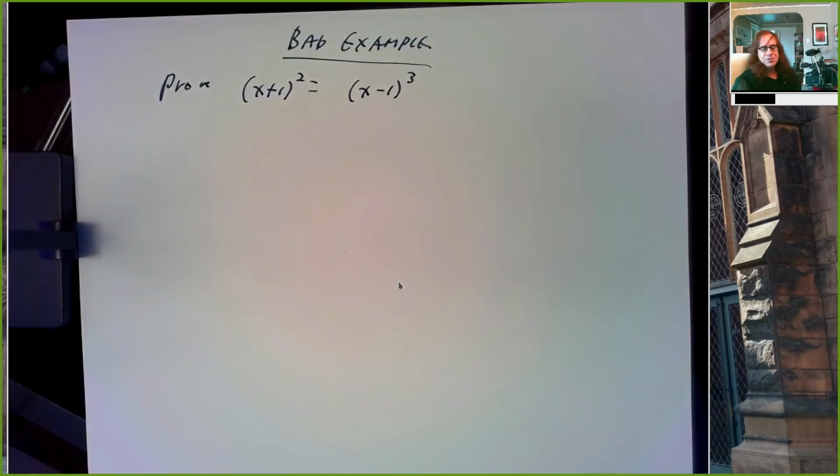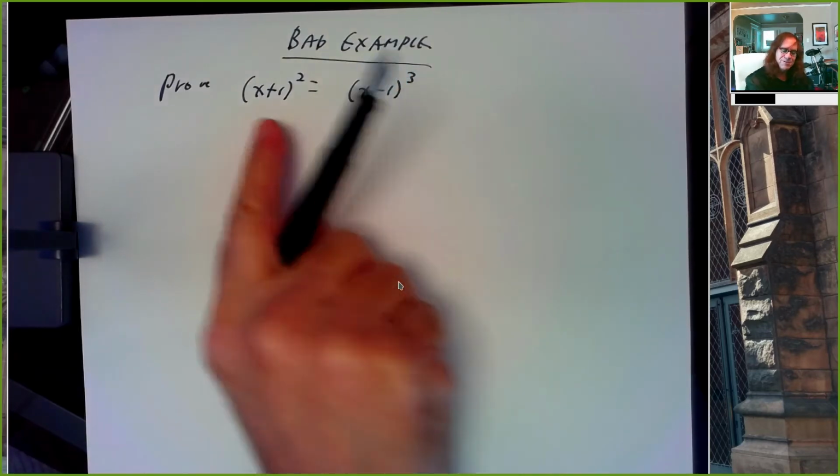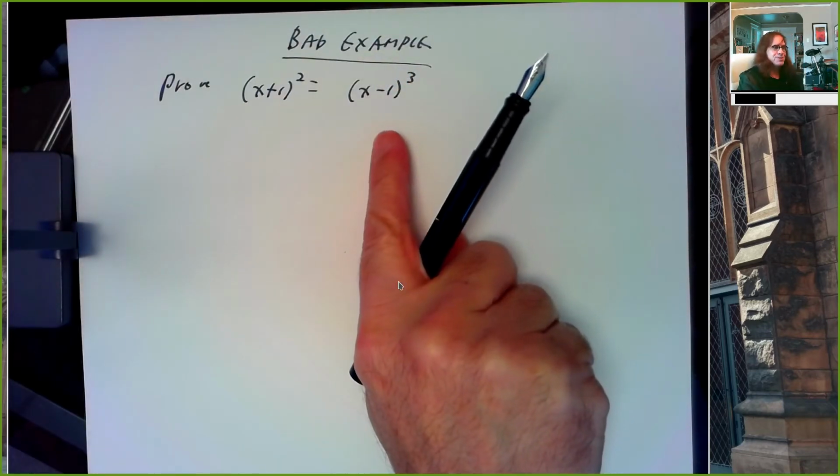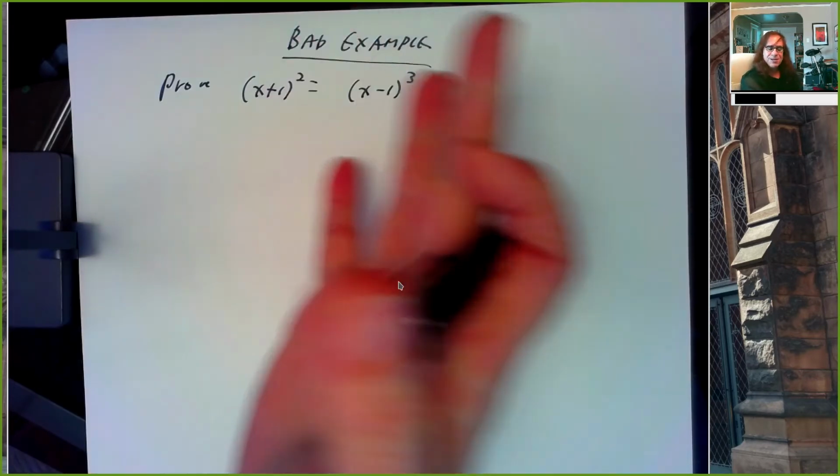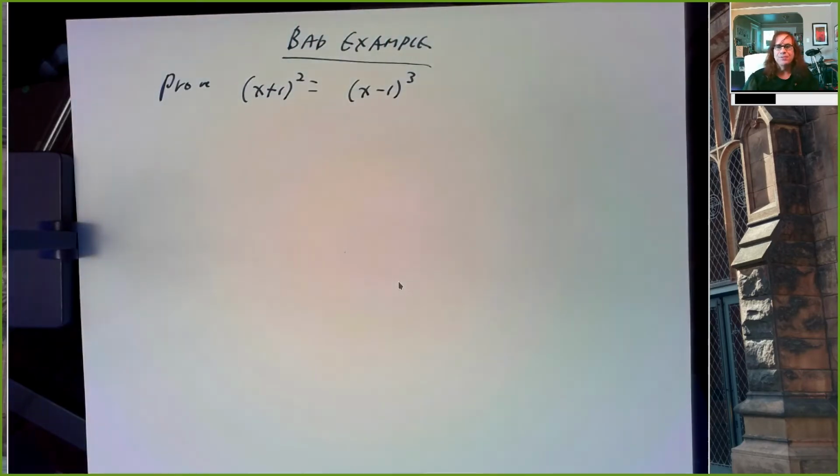Now we know this isn't true, right? If x is any value, in general, x plus 1 squared is not going to be the same thing as x minus 1 cubed. I mean, I can just set x equal to 1. This would be 2 squared is 4. This would be 0 cubed is 0. So this is clearly not something I should be able to prove.